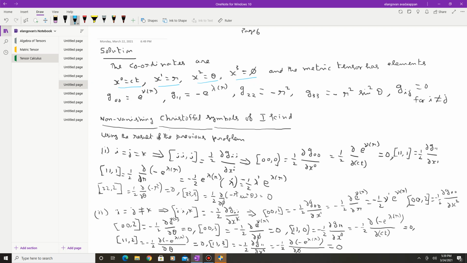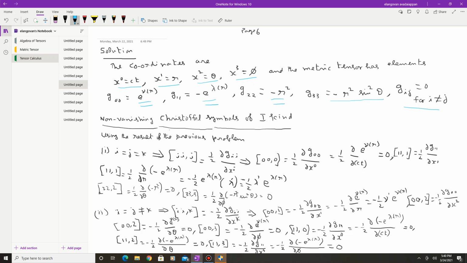The coefficient of d theta squared in the ds squared expression is g22, which is minus r squared, and g33 is minus r squared sin squared theta. So these are the components of the covariant metric tensor, which can be obtained from that expression for ds squared. For all other elements, when I is different from j, g ij is equal to 0.